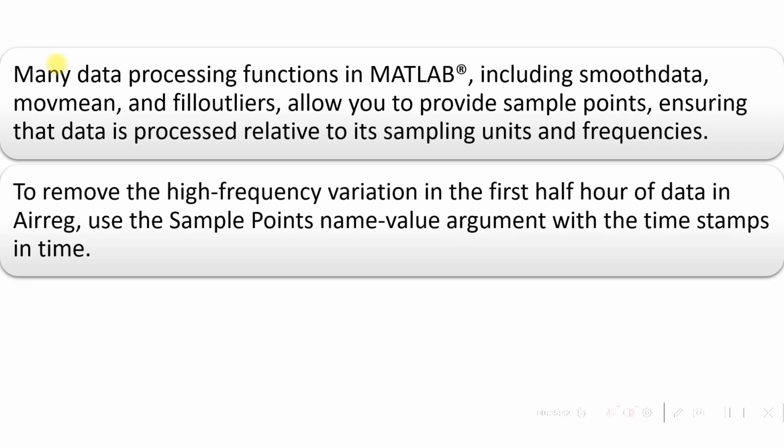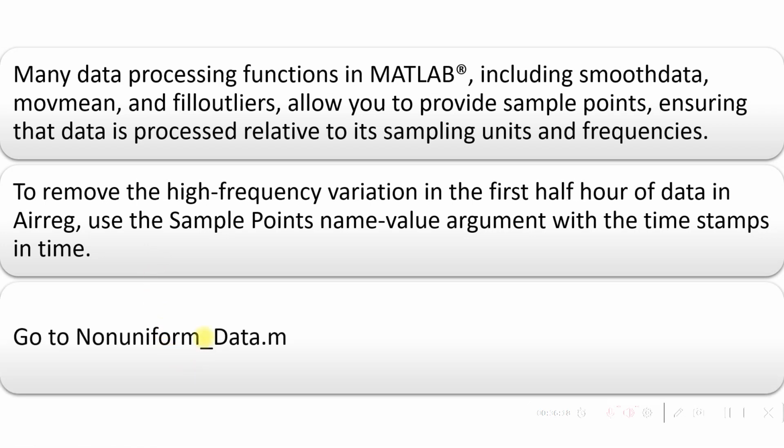Many data processing functions in MATLAB, including smoothdata, movmean, and filloutliers, allow you to provide sample points, ensuring that the data is processed relative to its sample units and frequencies. To remove the high frequency variations in the first half hour of data in air reg, use the sample points name-value argument with the timestamps in time.